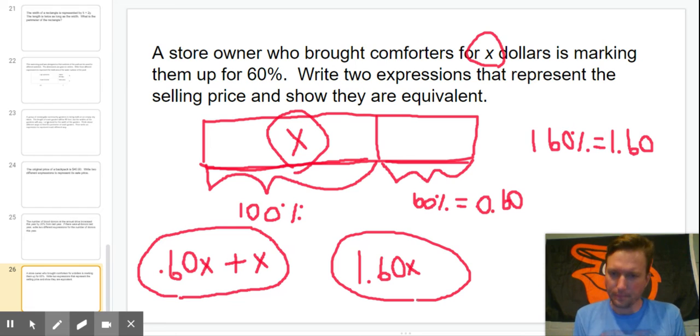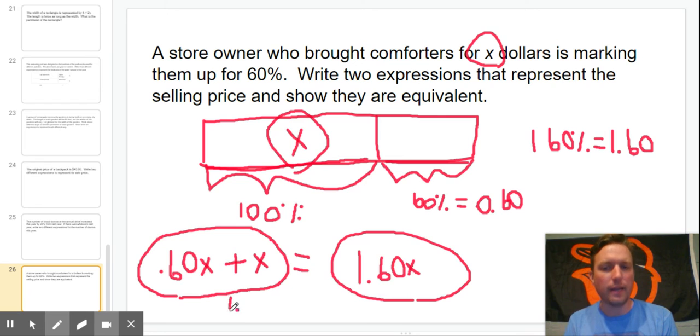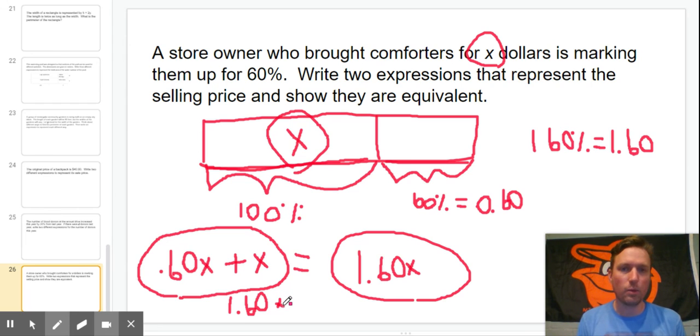These two expressions are equivalent because this X would be 100%, this would be 60%, so this would be very much like finding 160% of X. They are indeed equivalent.